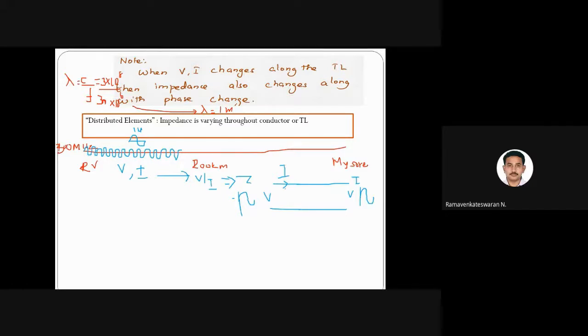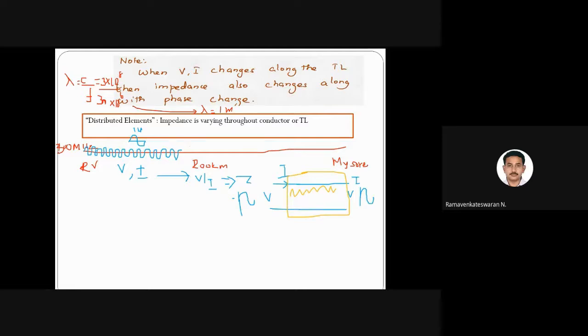Voltage and current are going to vary before reaching here. So before reaching the output, my voltage and current will vary here itself. Lots of variations. I cannot exactly predict where my phase will match. So this has to be tackled properly, so that I can effectively transmit and receive the signal.